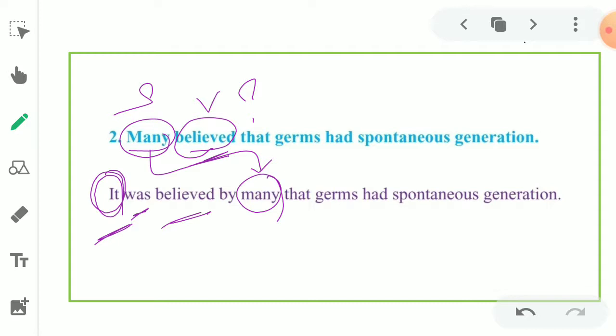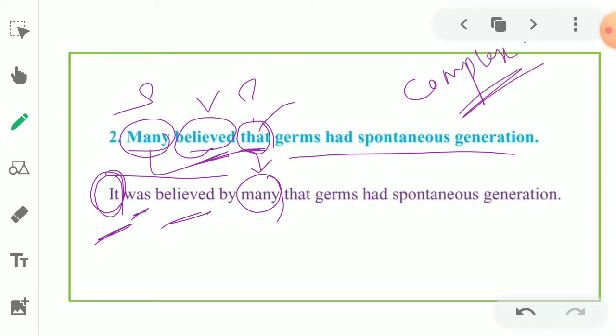So what is there? That. Here, that is used as a conjunction to combine two clauses together. So this is a complex sentence.